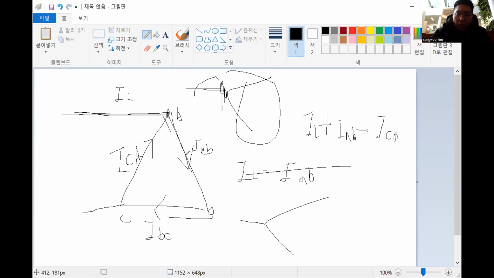The current flows here, for example, so it comes out to here, right? The line current and I_AB make I_CA, right?